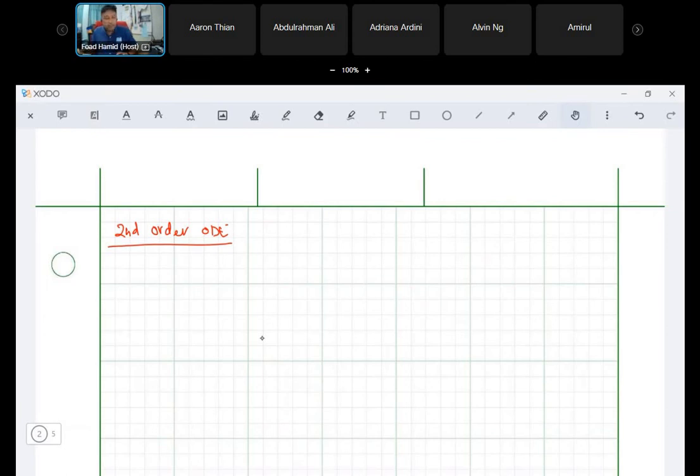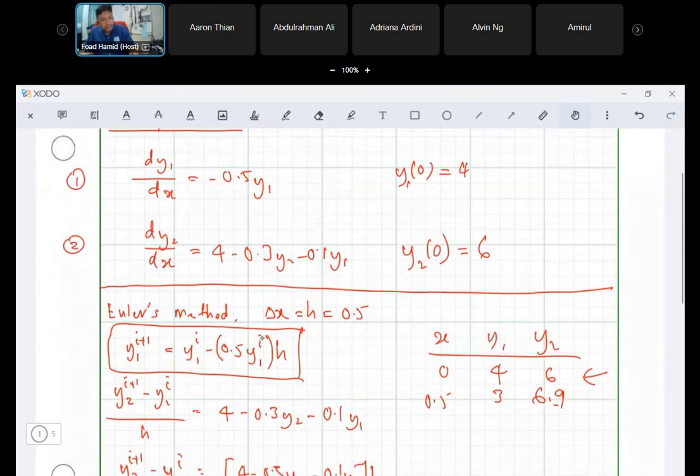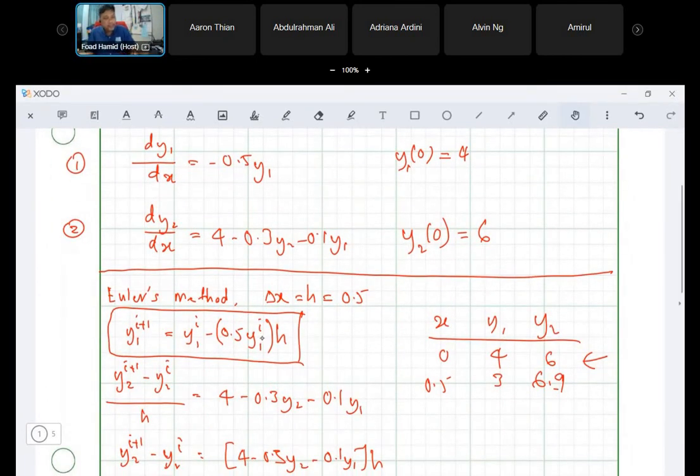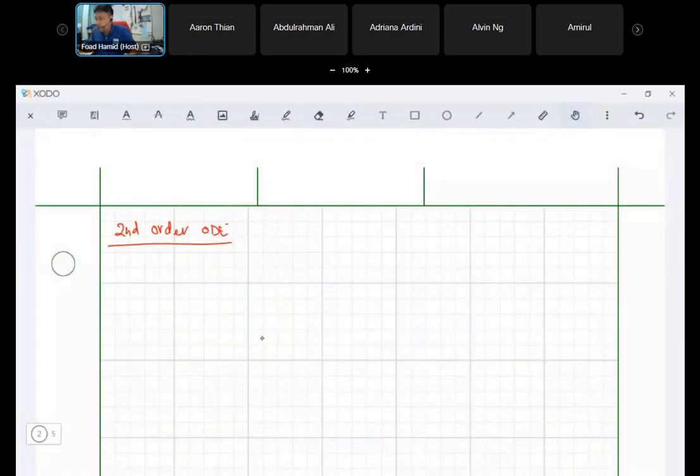So let's say I have this problem, a second order ODE. By the way, for our problem here, I'll solve this using Euler's method. Of course, you can also use Heun's method or the RK4 method if you want. Let me look at the example in your textbook. This is problem 25.3 in your textbook.